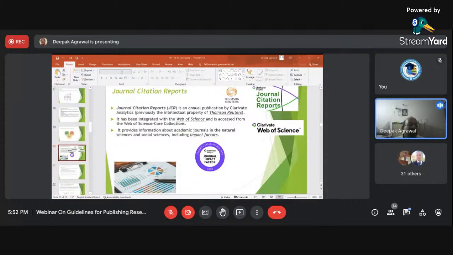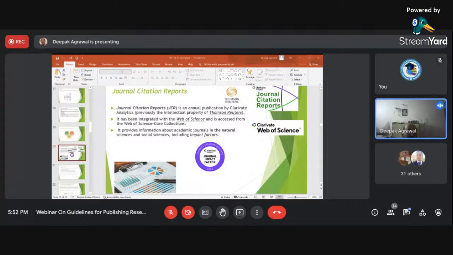Now, what are Journal Citation Reports? Journal Citation Reports are a publication by Clarivate, which has taken over from Thomson Reuters, and now it is in the form of Clarivate, and they publish reports of the various journals.